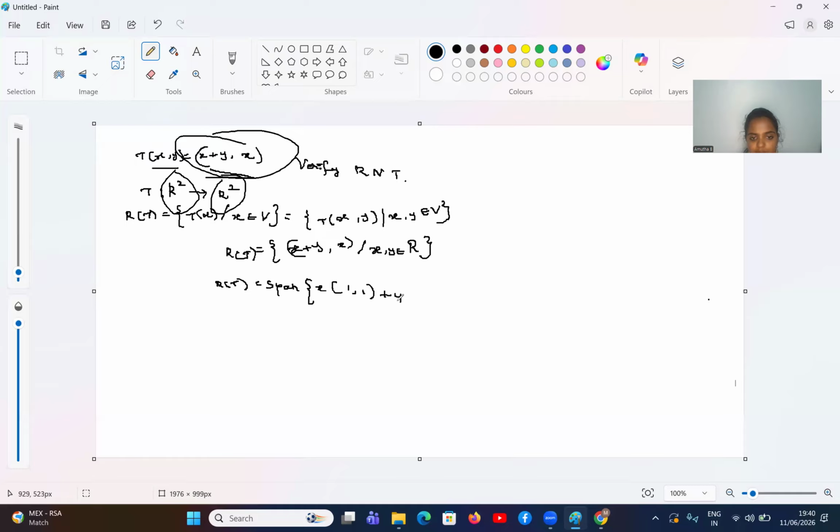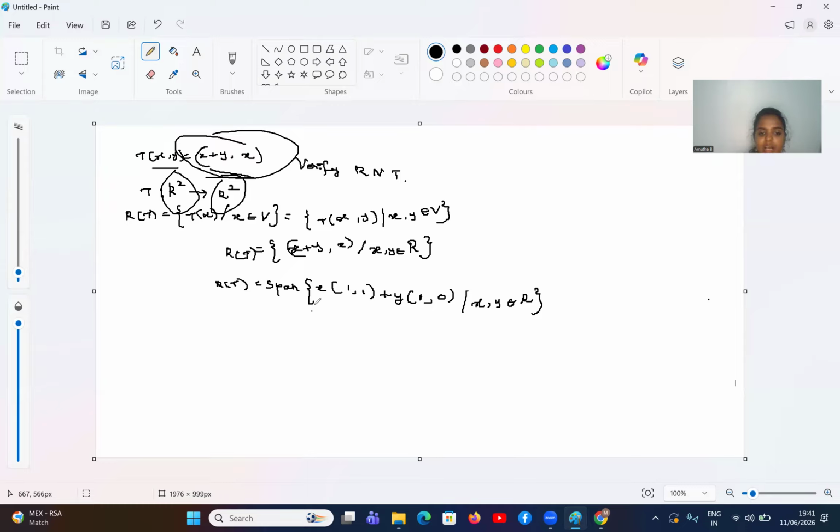Plus now I am going to take Y outside. Y is in the first component, so that means 1 comma, and in the second component we don't have any Y, so that's why we are writing 0. See that X comma Y belongs to R.